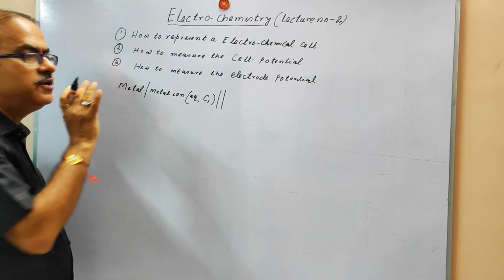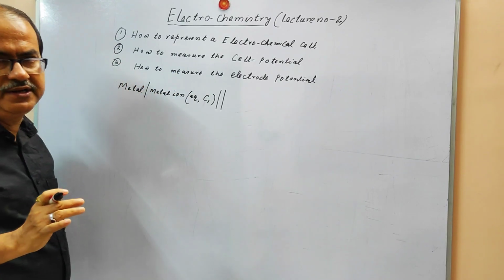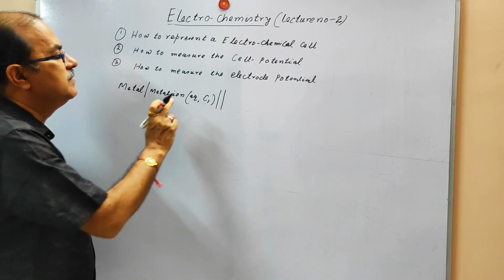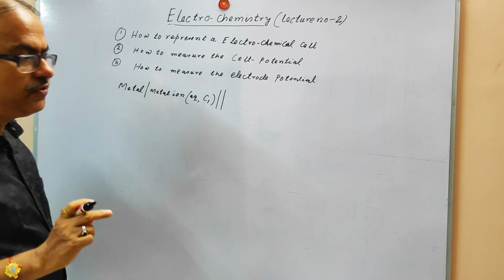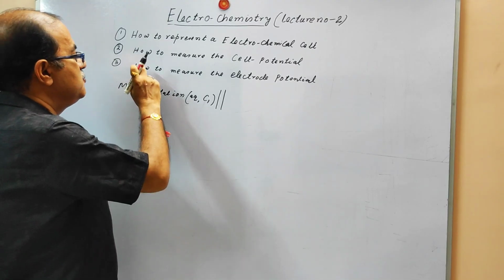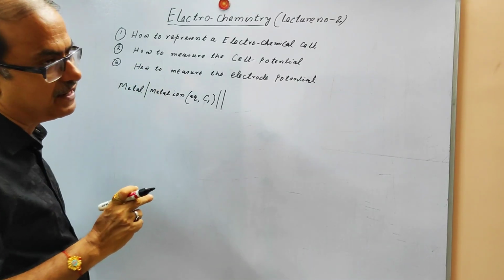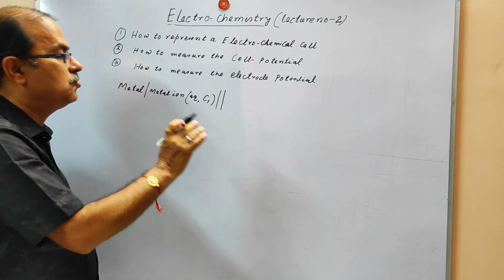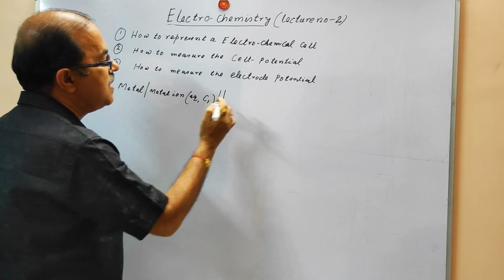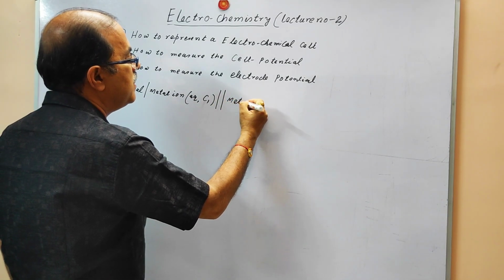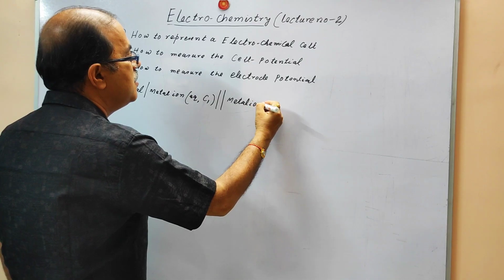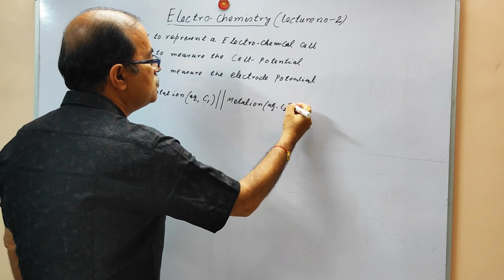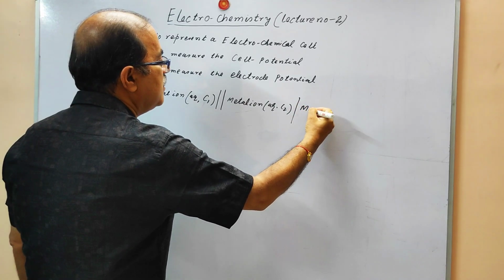This is the electrolyte solution, written as a metal ion, and the metal is one electrode. The concentration of this metal ion is written, and it is separated by a single vertical line. A double vertical line is put between the two electrolyte solutions. Here also we write the metal ion, its physical state and concentration, and then the metal.